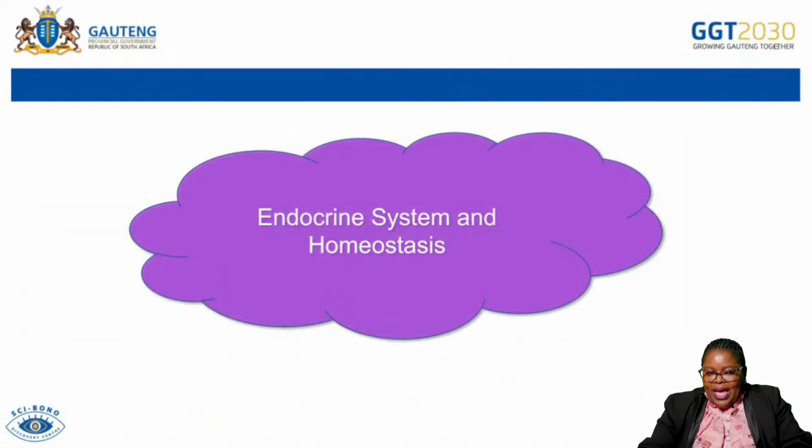Right? So with the endocrine system, girls and boys, you need to know the functions of the endocrine glands. You need to know the location where they are situated, and you also need to know their secretions, what they're secreting. Also, we'll be looking at homeostasis, which is most problematic when we are asked questions as grade 12 learners.